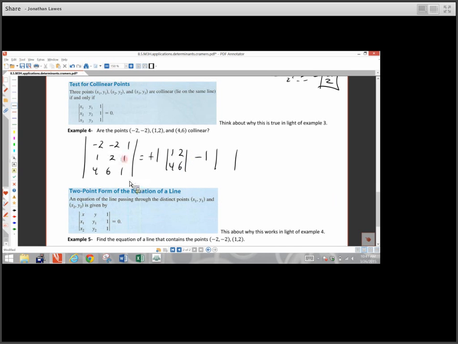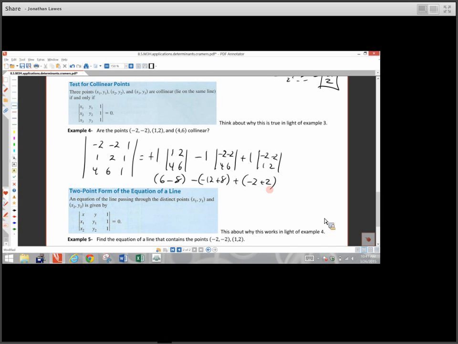Let's see, cross out the row and the column. So -2, -2, 4, 6. Sign associated with the position, positive. Number of 1. Cross out the row and the column. -2, -2, 1, 2. And let's see what we end up with here. Am I right?